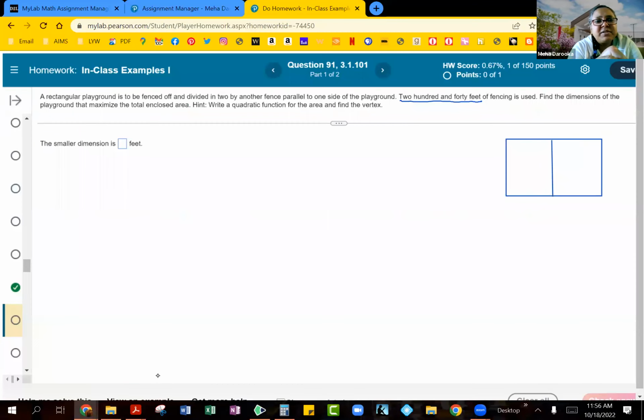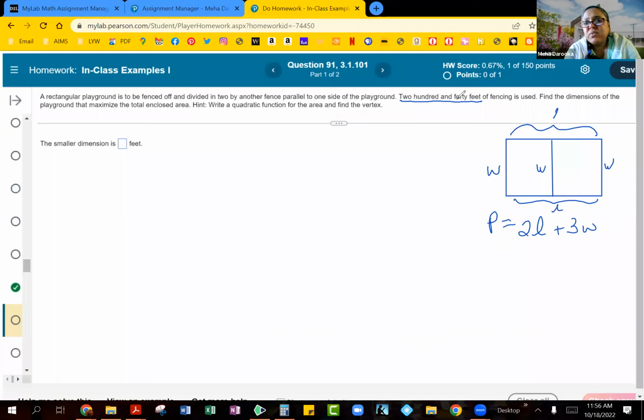So when you talk about the perimeter, you still have two lengths, but now you are going to have three widths instead of two. They're telling you you have 240 feet of fencing, so that becomes your perimeter. So 240 feet of fencing will be twice the length plus 3 times the width.